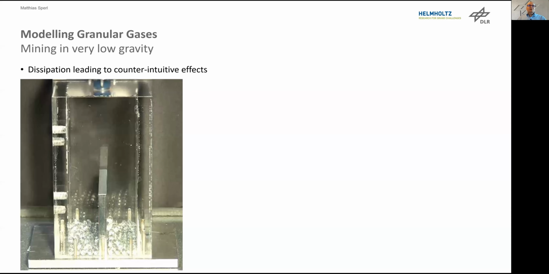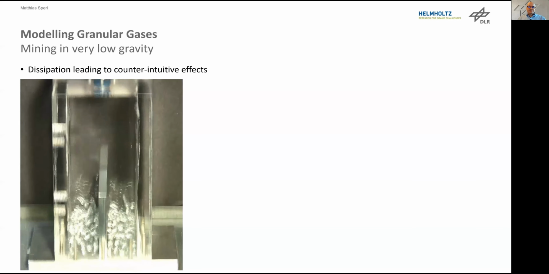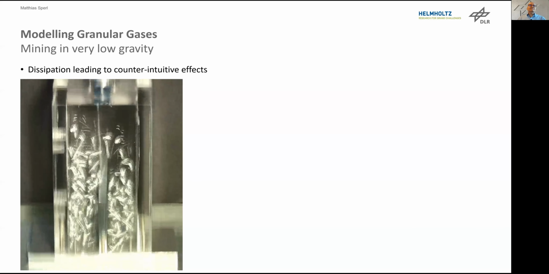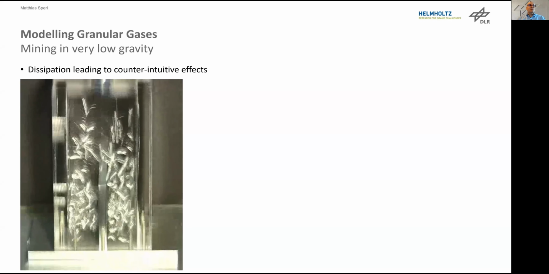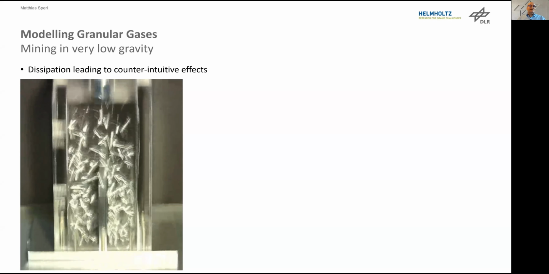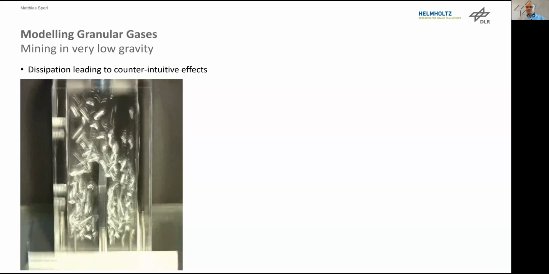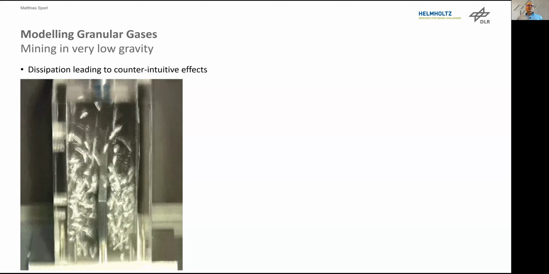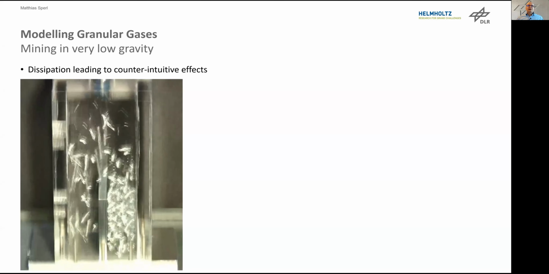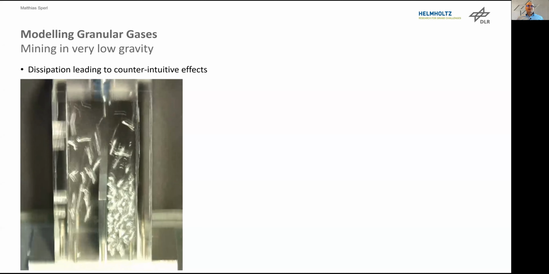Now I want to come to more fundamental granular aspects. Granular media can be treated as the equivalent of molecules even, and you add that particles are dissipating energy if they collide, and then you're immediately in a realm of counterintuitive effects, like I show here. This is 100 glass beads.